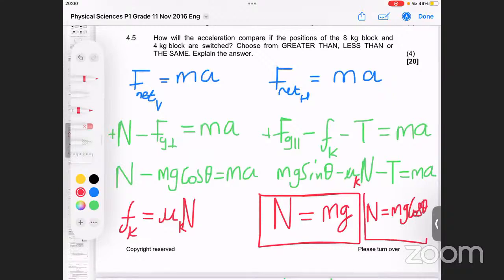That's if it is on an incline. But if it is on a horizontal surface, this is the formula. So it's just a matter of knowing between these two, which formula you are going to use.